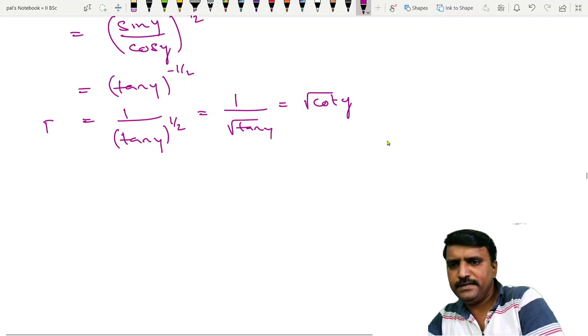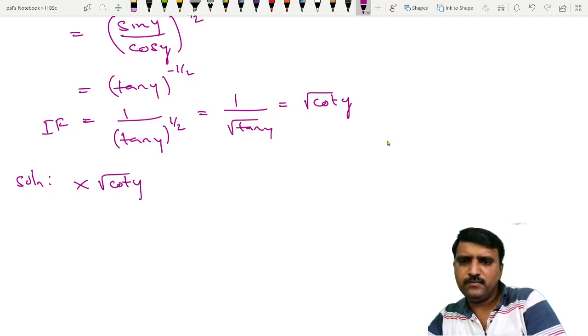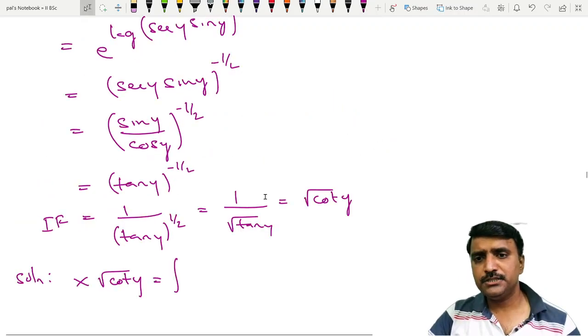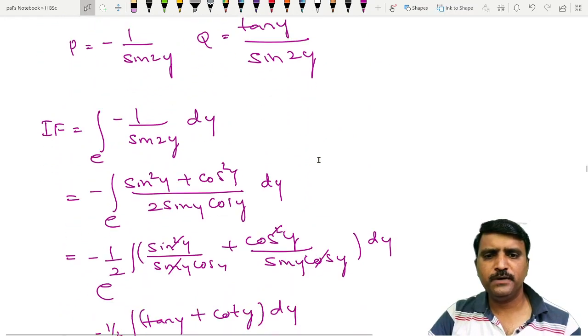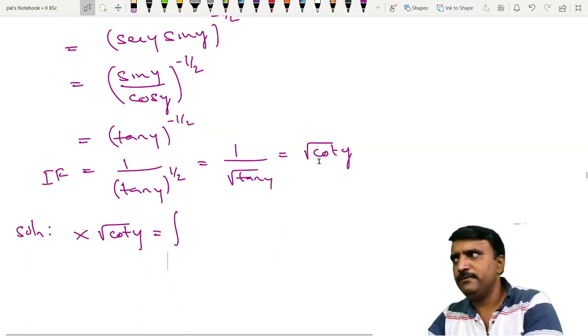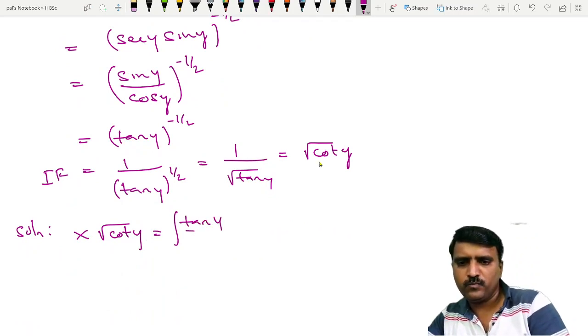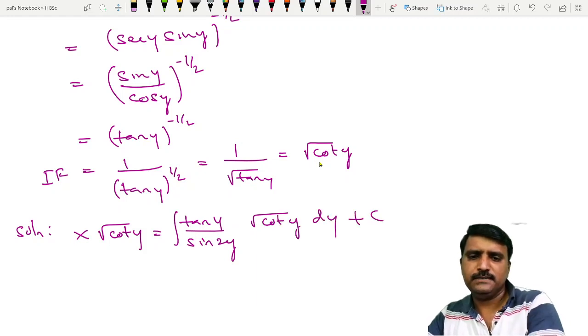This is the integrating factor, so the solution is x into square root of cot y is equal to the integration of, what is Q here, tan y by sin 2y, tan y by sin 2y, into square root of cot y into dy plus c.